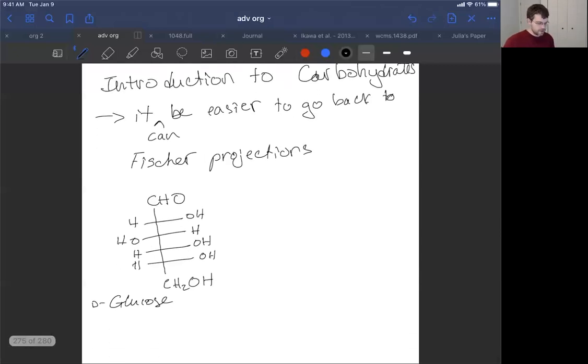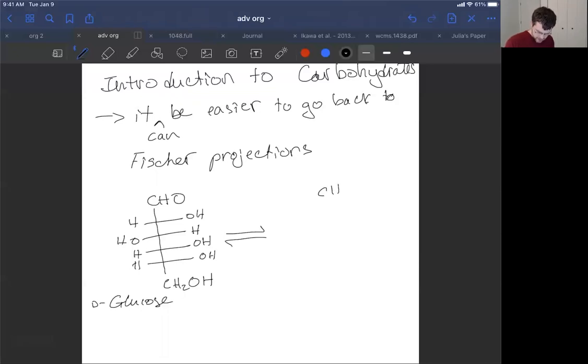Now, it turns out that if you have D-glucose, it doesn't sit around in this form too often. It will ring close, and in aqueous solution, it exists as a chair structure form that results from this oxygen.